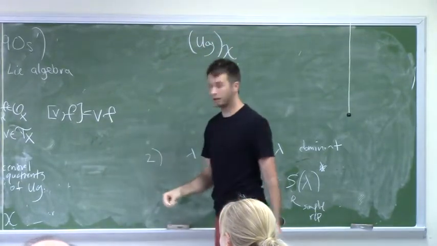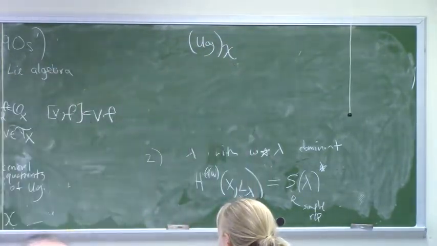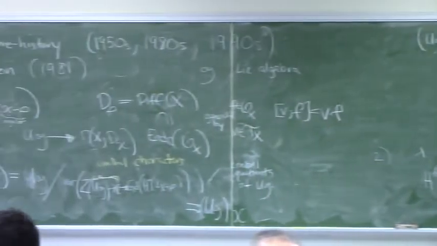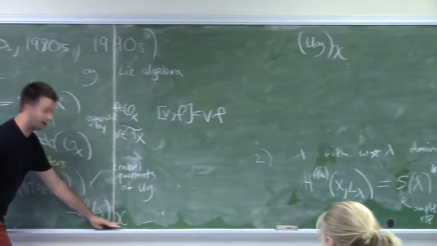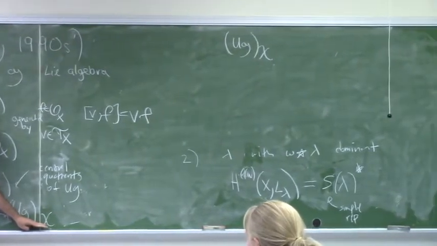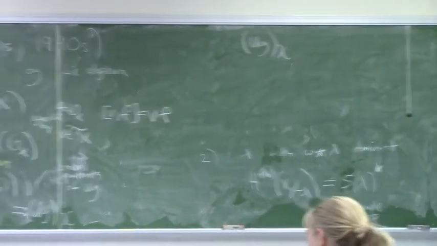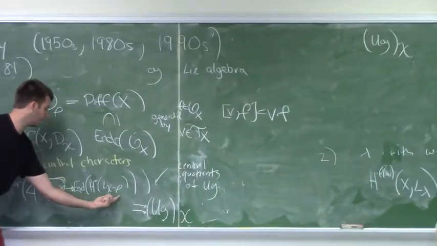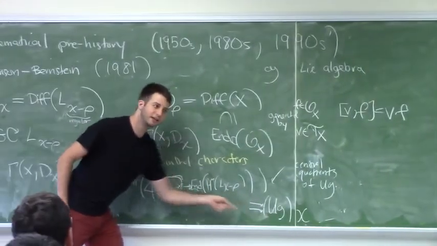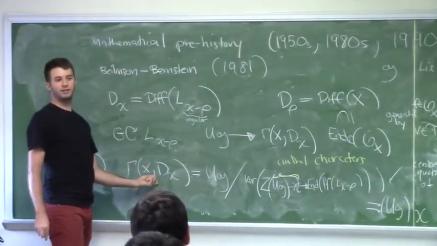Sorry, so it's just Gamma(X, D_chi). Yeah, it's just a different name for the same thing, except this is maybe if I'm thinking about it as an abstract algebra and I didn't know anything about geometry, maybe I would define this thing based on how it acts on some representation. And then if I did know about geometry, I would define it this way.